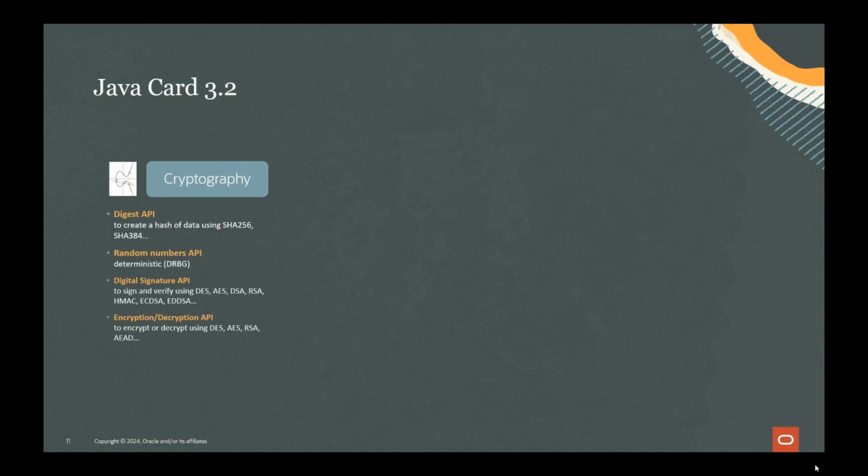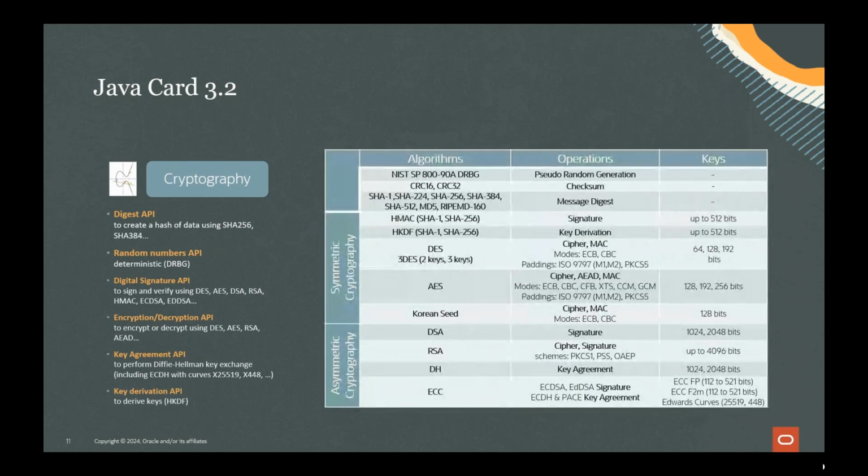You can also perform key agreement or key derivation operations. So the kit actually really provides state-of-the-art algorithms, modes, and schemes, and their keys. So I put here as a summary a table of all the supported combinations.